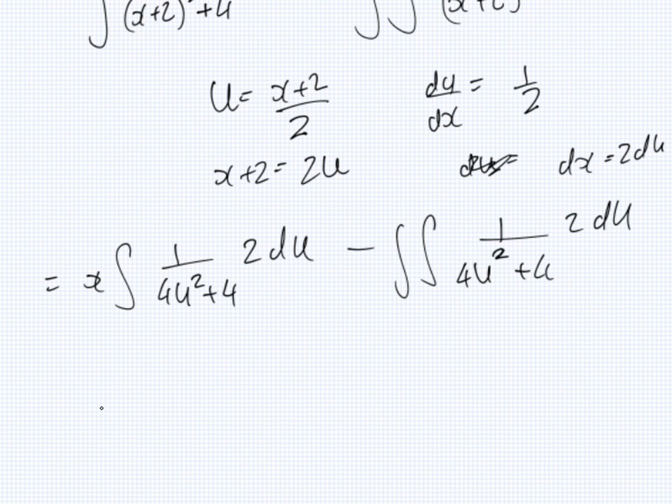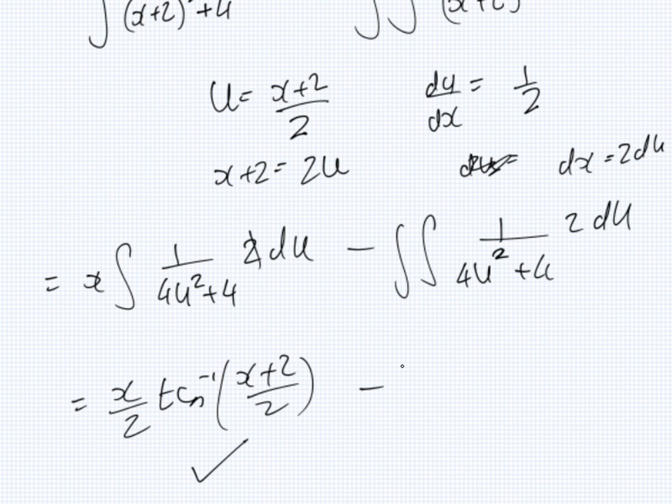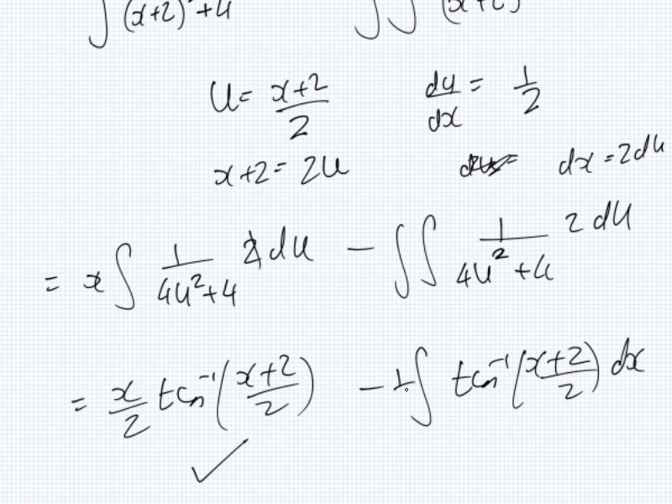Now I can cancel this down and make this x over 2 and take the 2 out, tan inverse u, wonderful, minus, and I can do the same thing, integrate here tan inverse x plus 2 over 2 dx, and I have a 1 over 2 here, because that makes it 2, which I take out.